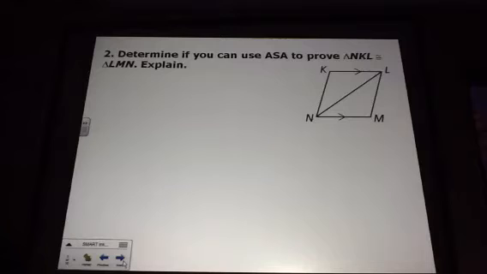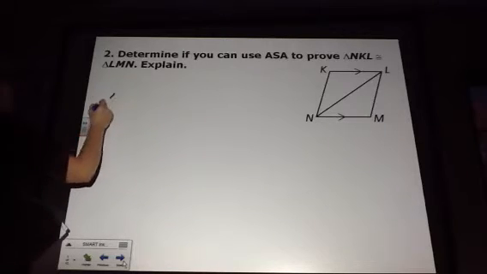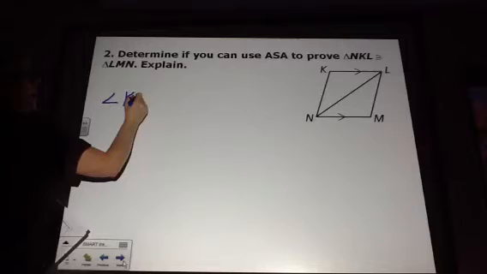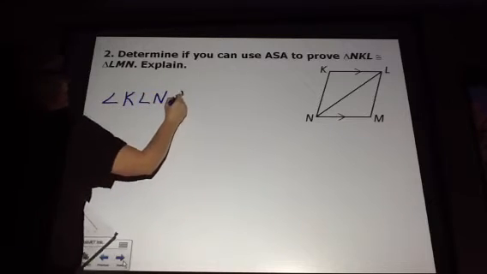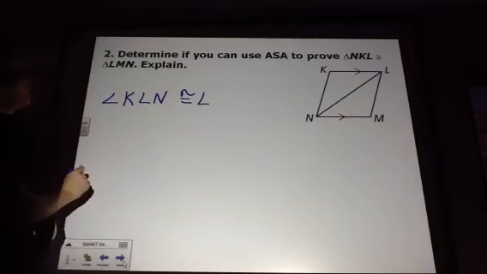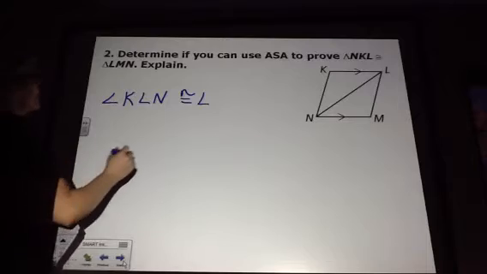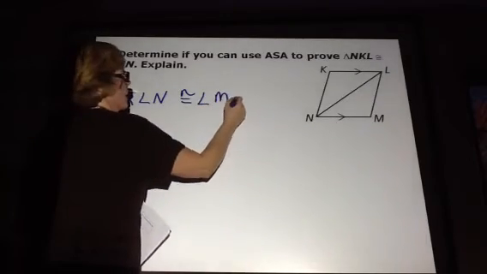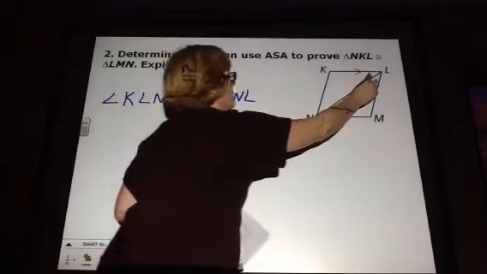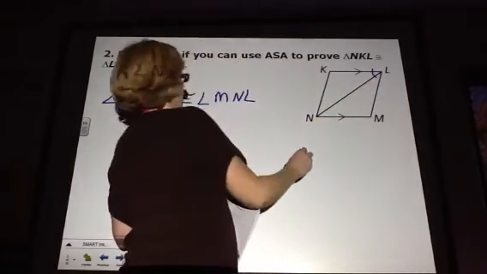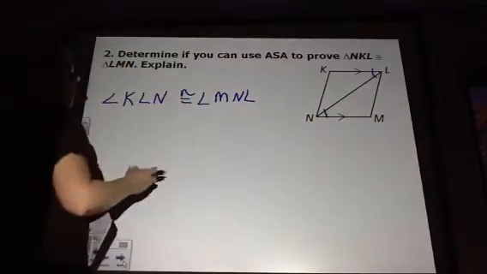Determine if you can use angle-side-angle to prove these two triangles congruent. Okay, so let's see here. We've got parallel lines. So what does that tell us? That tells us that angle KLN is congruent to angle MNL. Why do we know they're congruent?